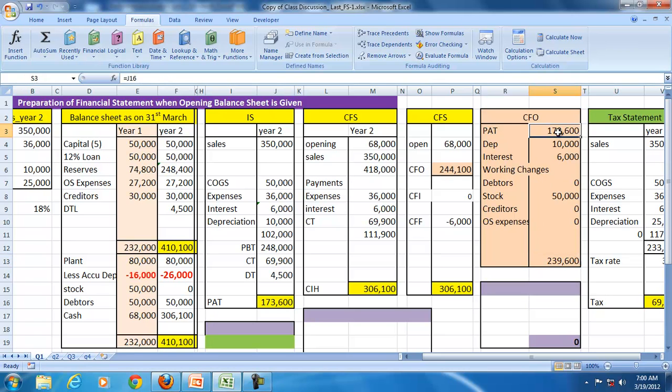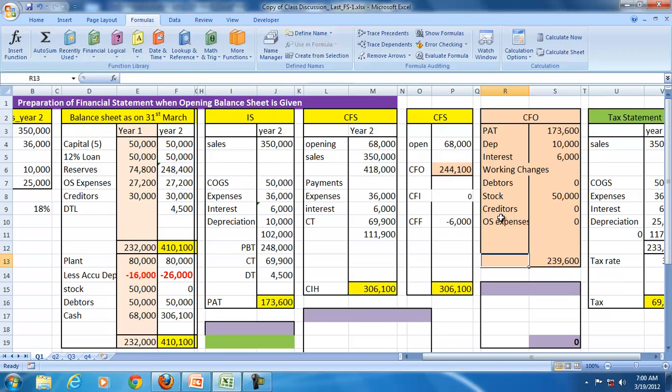What are they? Profit after tax 173,000, depreciation 10,000, interest 6,000, debtors no change, stock 50,000, creditors no change, outstanding expenses no change.